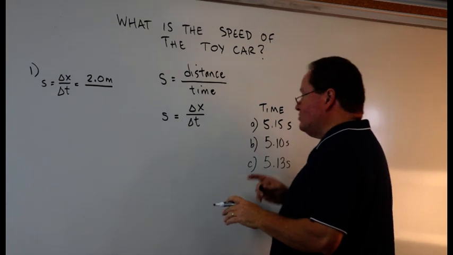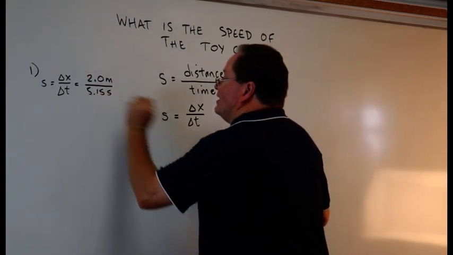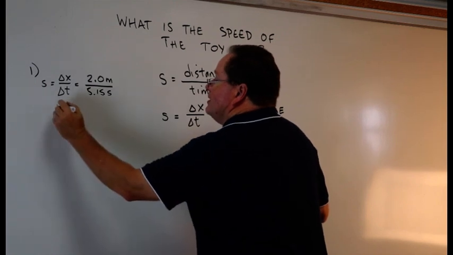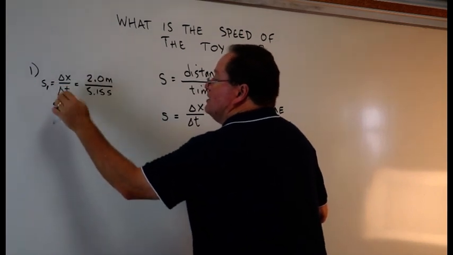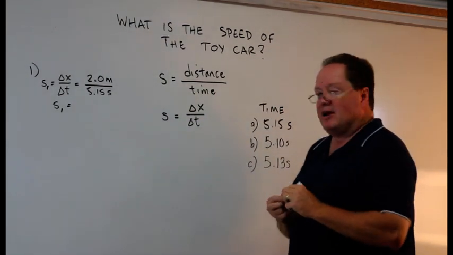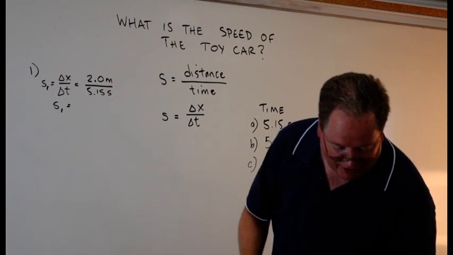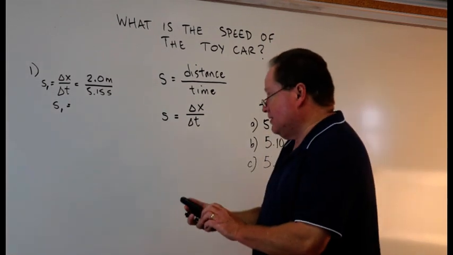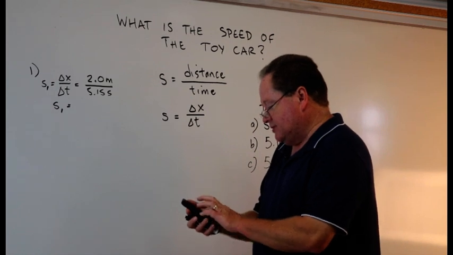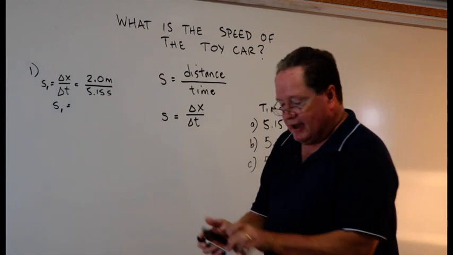And the time that it took for the first trial was 5.15 seconds. So this would give me a speed, and I'll say speed 1, since it was the first trial, of 2 divided by 5.15. All my calculators are out of battery, so I'm going to use my cell phone calculator. 2.0 divided by 5.15.